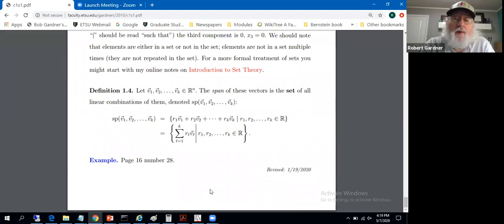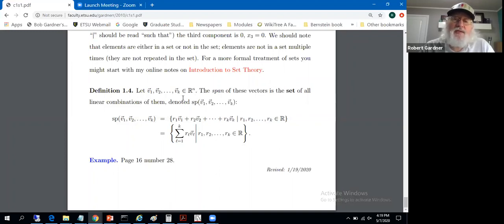Definition 1.4 is a definition of the span of a set of vectors. Last slide or so, we defined the plane spanned by two vectors, and that was really a special case of what we're about to do here. So here's a more formal definition of span and a more general idea. Take vectors v1 through v sub k from R sub n.